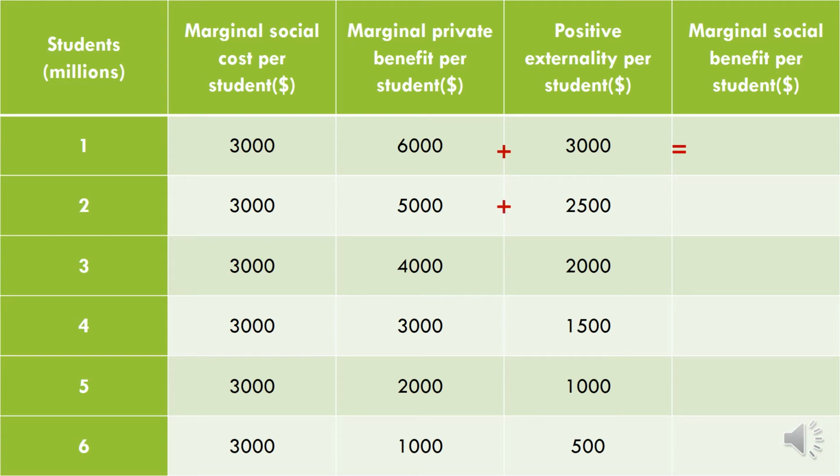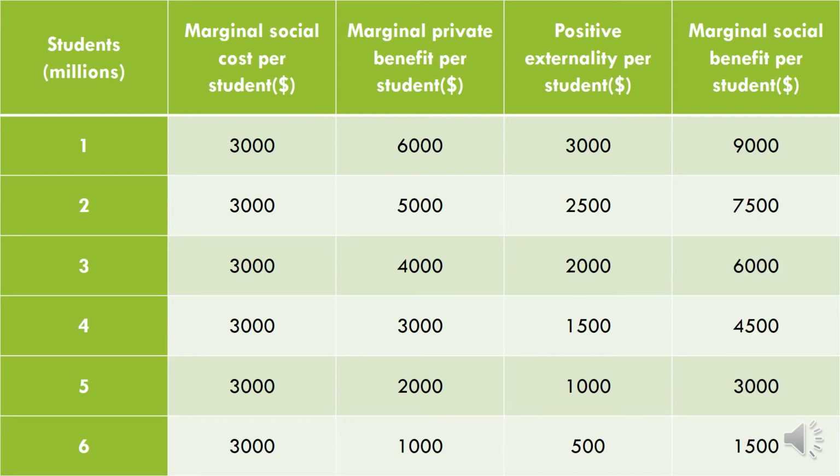And again, it's the same story for 2 million, the second million student being engaged in education, and so on and so forth. So it's pretty easy to calculate the overall marginal social benefit per student of education at all the different levels of enrollments that we could imagine.